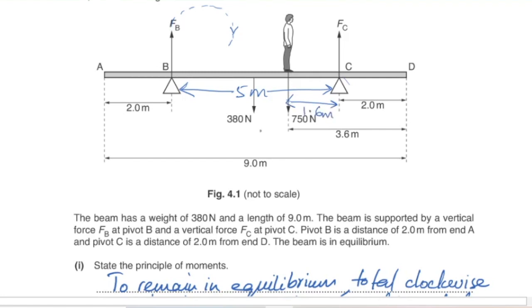The total distance between the weight of the beam and D is half of 9, since the weight will be acting from the center. It's half the length of the beam, which is 4.5 meters. Now 4.5 minus 2 will give you this distance, which is 2.5 meters.